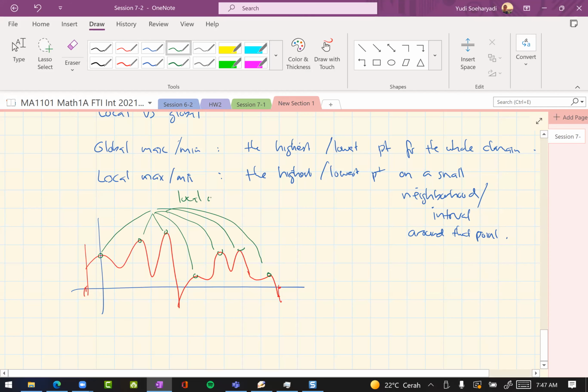And actually this one is also the global max or absolute max.